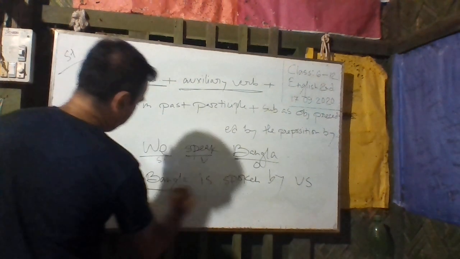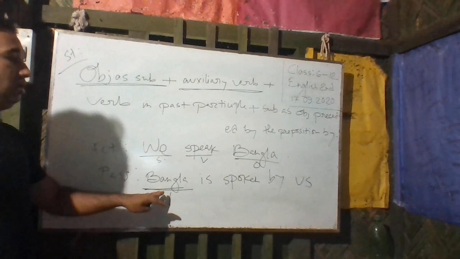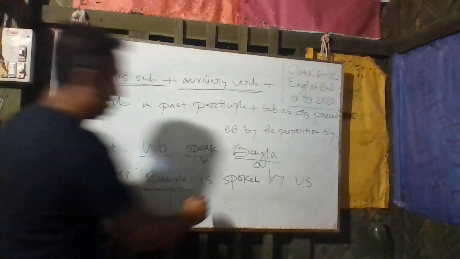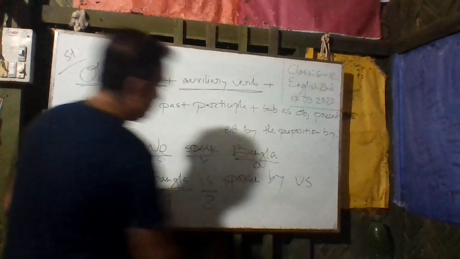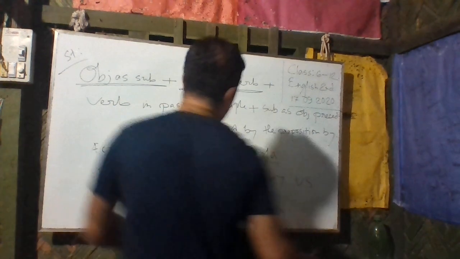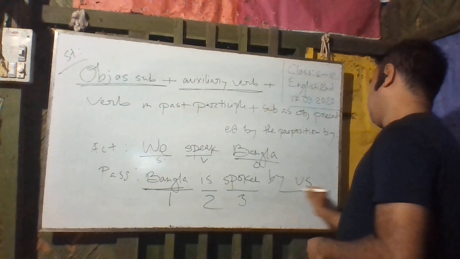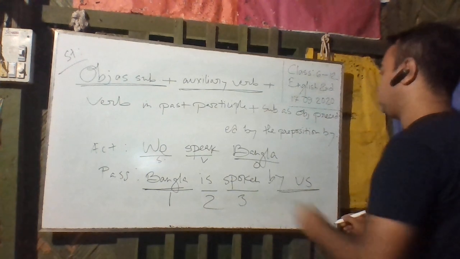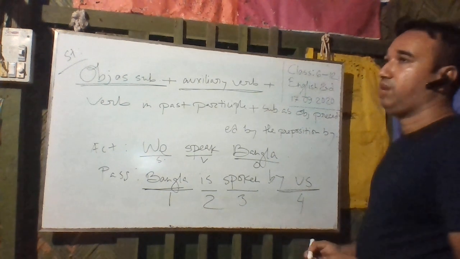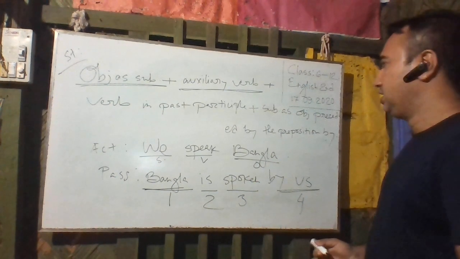Step number one, object as subject. Number two, the auxiliary. Number three, past participle. And number four, the last one, subject as the object. So you have to follow these four steps to make an active sentence passive.